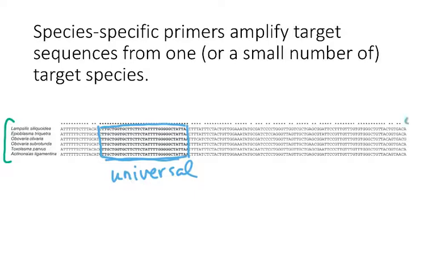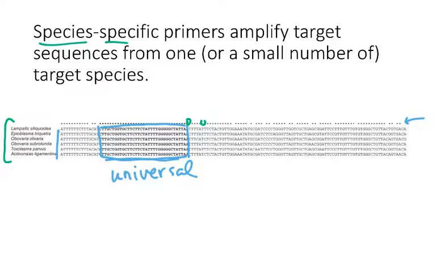So in this top row here, each one of these little asterisks indicates that the nucleotide directly below that asterisk is the same in all of the species. So if you look, even though these are different species, there are a lot of asterisks, that's a hard word to say a lot of times, on top of that sequence. And if we want to design species-specific primers, what we want to look for are regions where we don't have asterisks, because that means there are actually differences among the different species.